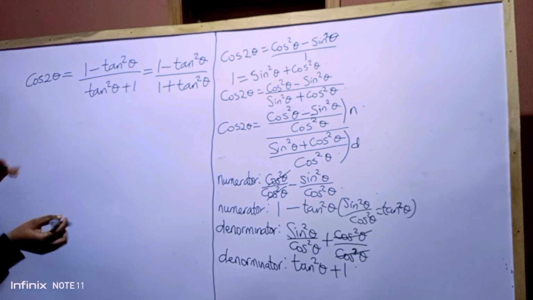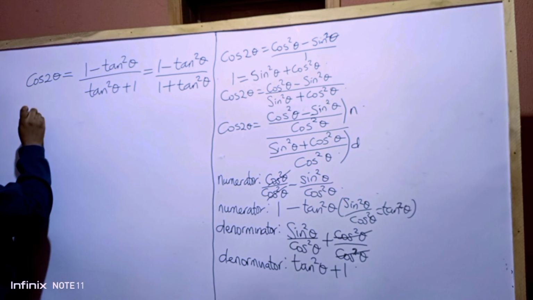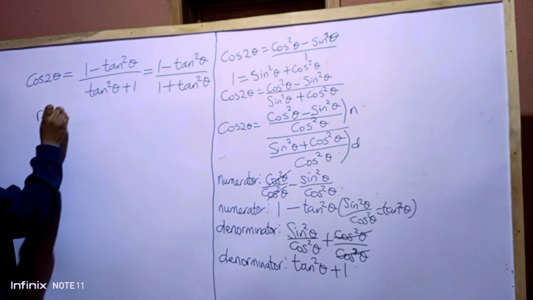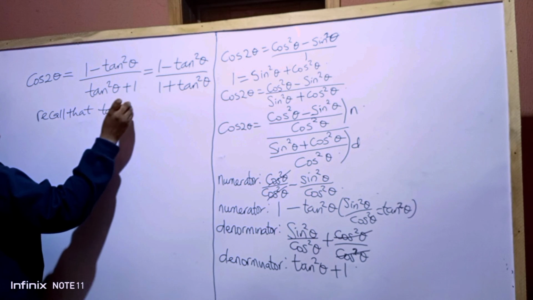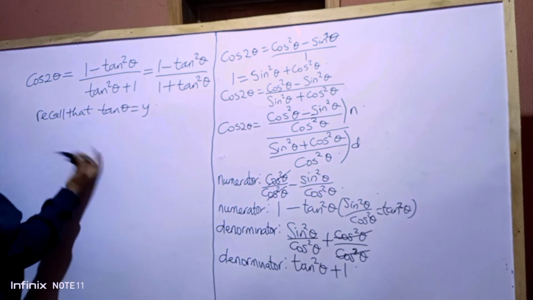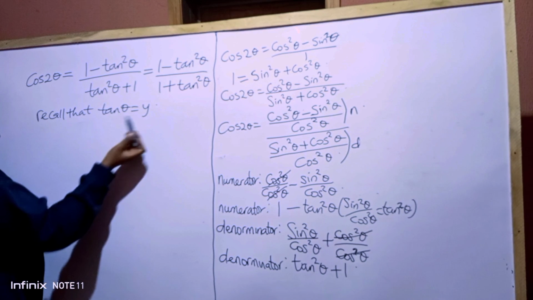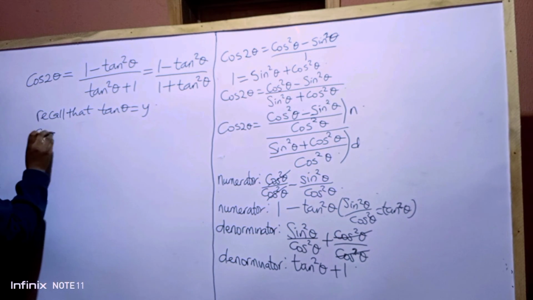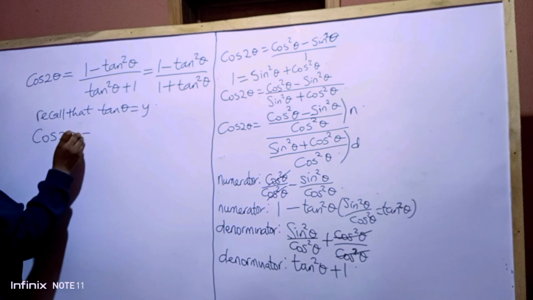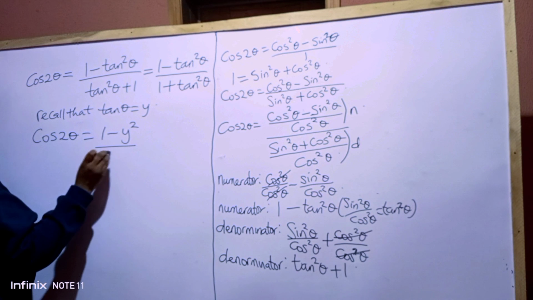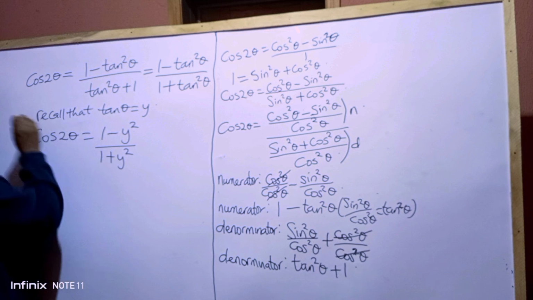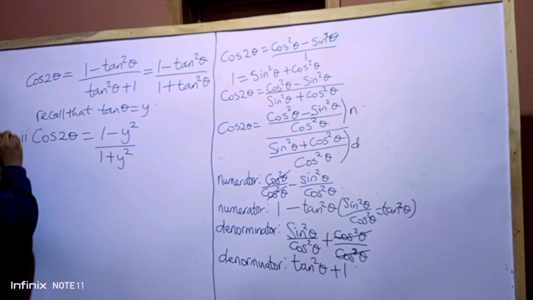And we have to recall that tan theta is equal to y. So anywhere I see tan theta, I'm going to put y there. So cos 2 theta is equal to 1 minus y squared over 1 plus y squared. So that is how to do it.